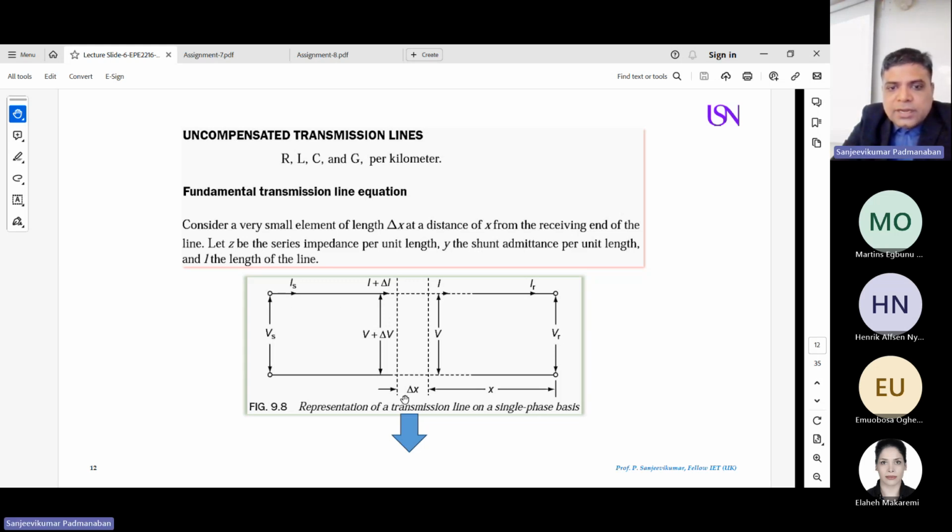At a particular point, say delta X, the distance X from your receiving end, you may have a current I plus delta I, and voltage V plus delta V, because the transmission line has an impedance. Because of the impedance, obviously you will have small deviations in current, delta I, and voltage, delta V. So this is a simplified representation of a single phase transmission line.